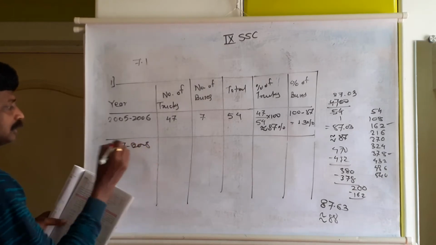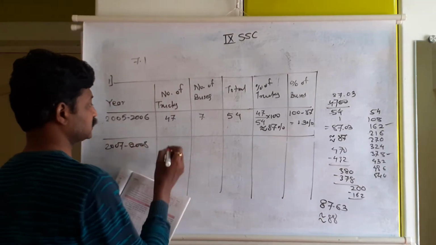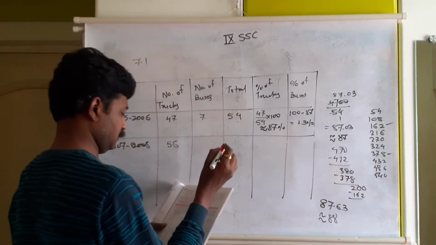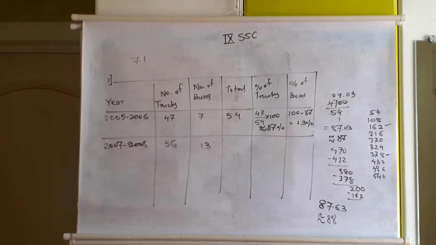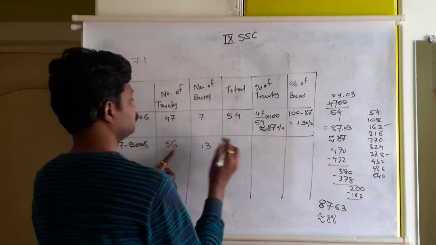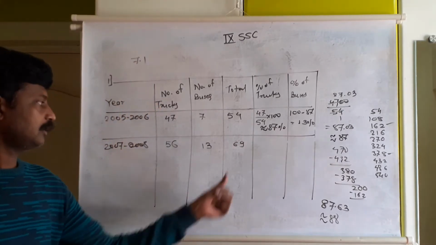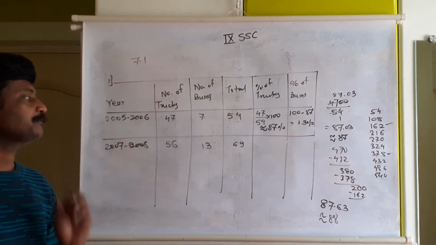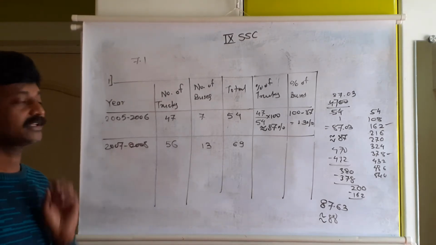2007, 2008. For 2007-8, the number of trucks is 56 and the number of buses is 13. Total of that, 6 plus 3 is 9, 5 plus 1 is 6, total 69 vehicles. Out of that, 56 trucks and 13 buses.